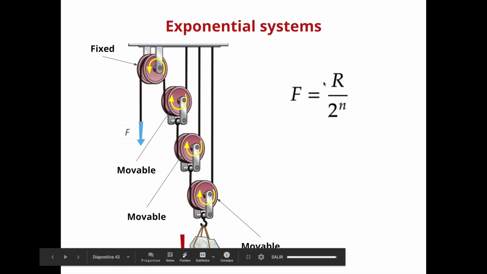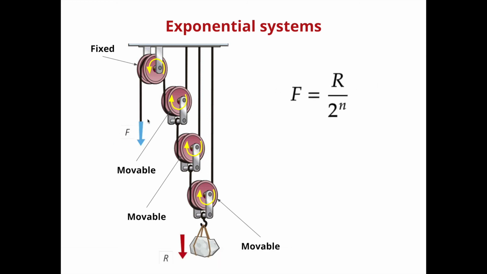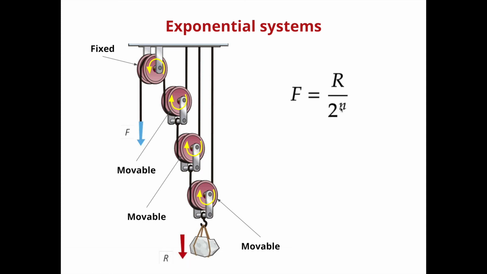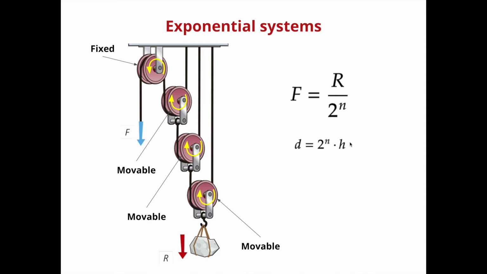That's what we have. The final force here is equal to the resistance divided by 2 to the nth power. And n is the number of movable pulleys, which are the ones that reduce the force. And this is the distance, okay? We've taken it from the equation. And that's it. Those are the exponential systems.